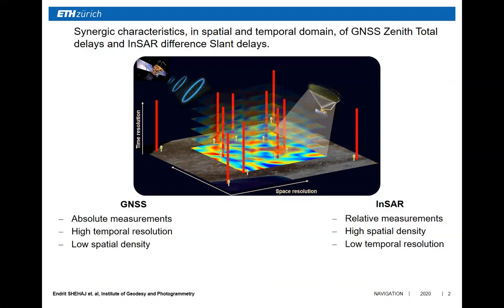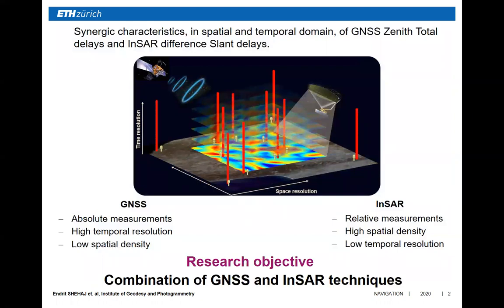InSAR is the inverse: continuous in the horizontal domain, but not continuous in the vertical domain. Moreover, GNSS provides absolute measurements, like Zenith Total Delays with centimeter level accuracy nowadays, while InSAR measurements are relative because in synthetic aperture radar interferometry we're doing interferometry between two images.